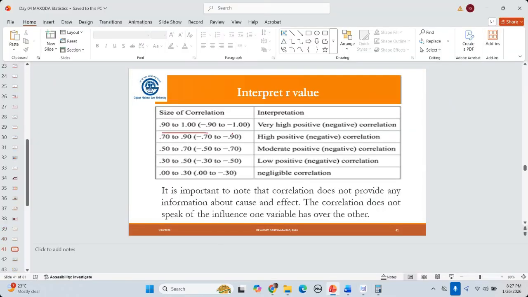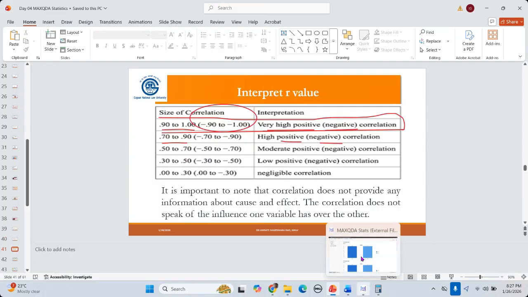If my correlation R value is close to 1, like between 0.9 and 1, it means very high positive correlation. But if I'm getting a result with a minus sign, then it is a very high negative correlation. Depending on the minus and plus, you can see whether it is going to be positive or negative.